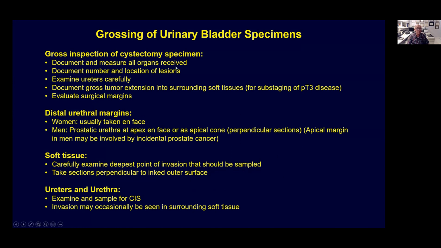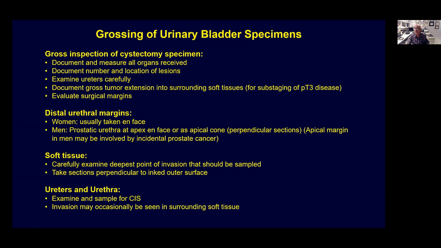So you have to document all the features that you can find in this specimen, taking care of the margins, any other kind of soft tissue that is attached, especially if there are some regional lymph nodes, and any segments of ureter and urethra that may also have cancer.